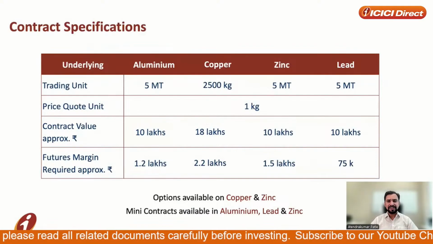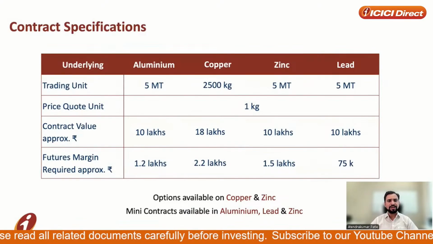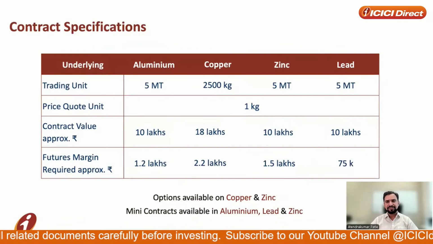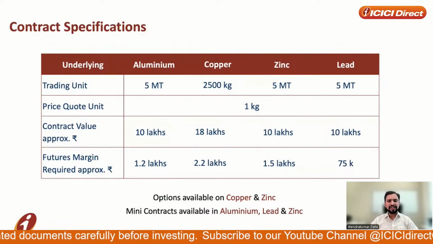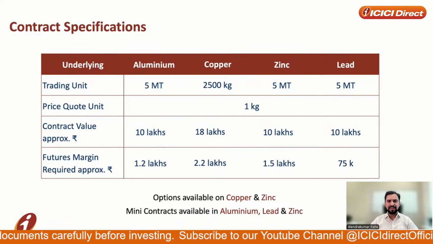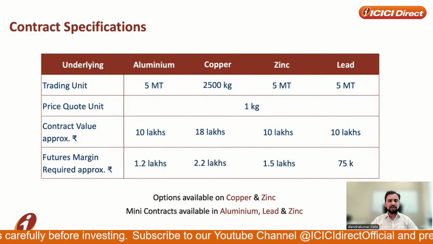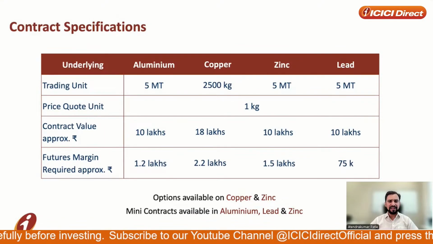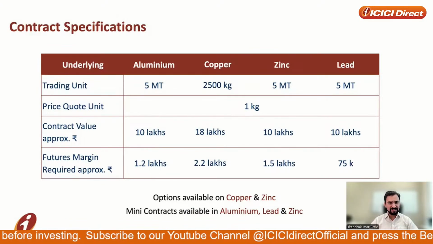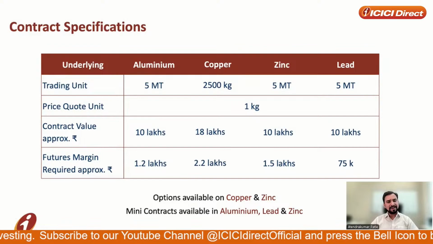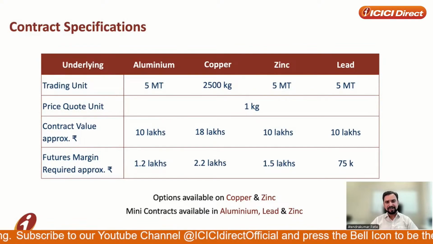Four commodities are traded on MCX: aluminum, copper, zinc, and lead. Also, there are mini contracts on aluminum, lead, and zinc. The lot size of aluminum is 5 metric ton, and aluminum mini is 1 metric ton. Copper is the only one contract, 2500 kg.